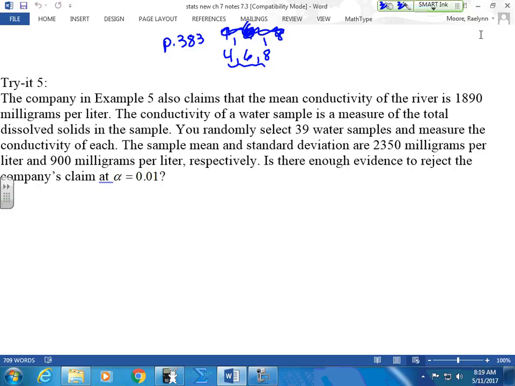Just set your curve up, find your reject parts, your critical values. Then 15, 16, 18. Okay?